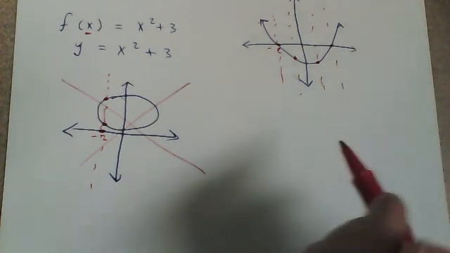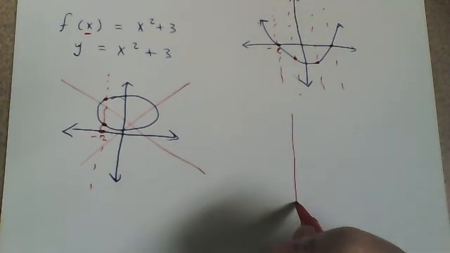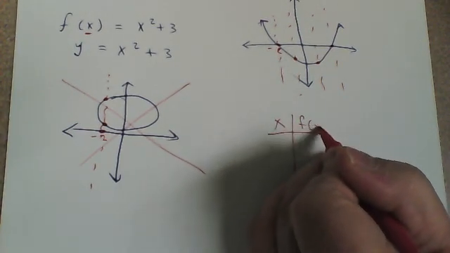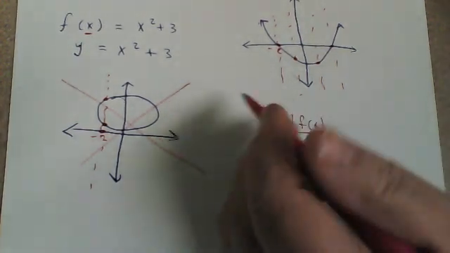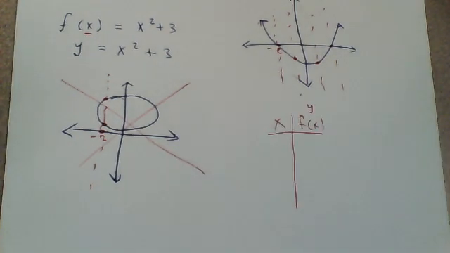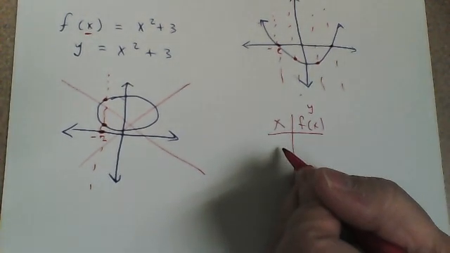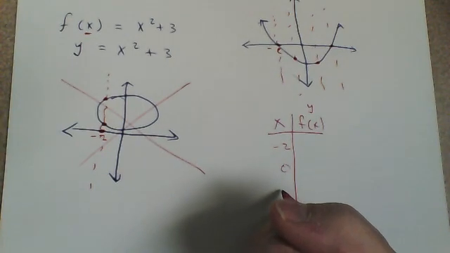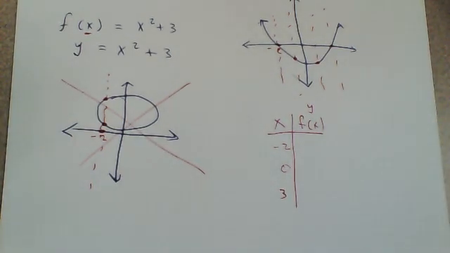You can make yourself a table, and you can go x and f of x, or you could write it as x and y. And throw a couple of weird things in for x. Make sure you have a negative. If I put in -2, if I put in 0, if I put in 3, what value am I going to get? Am I going to get more than one solution when I put those in?